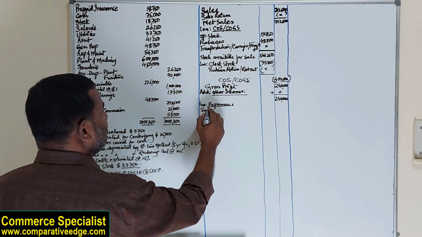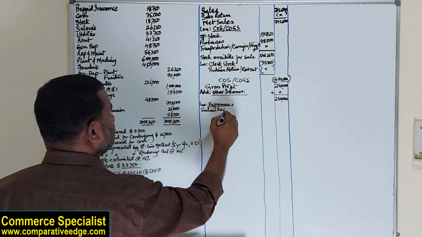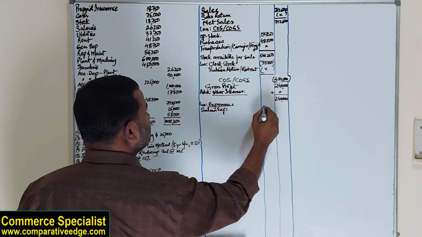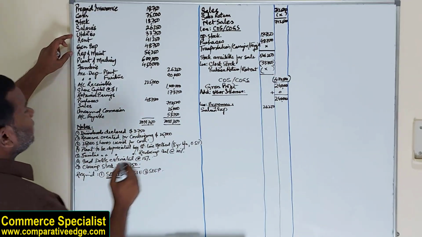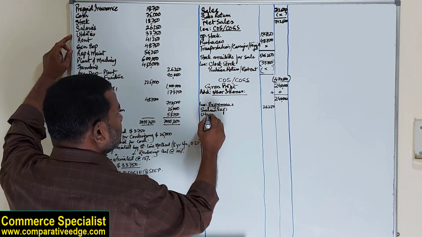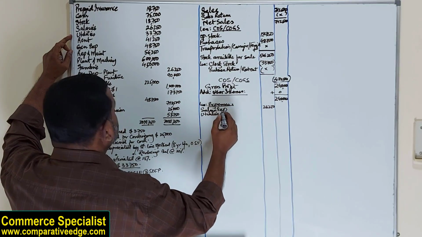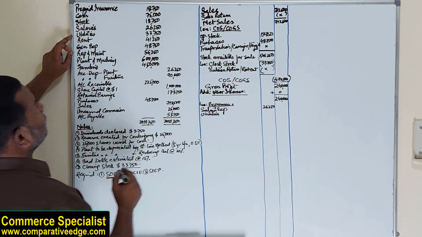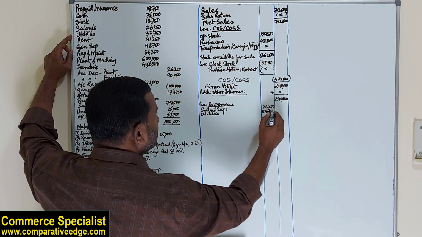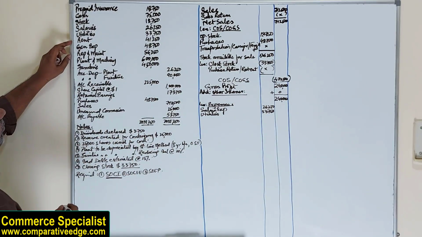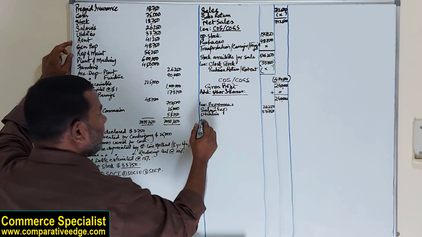So I'm writing here salaries expense 26,250. Then I've got utilities, 33,750. We have rent, 41,250.